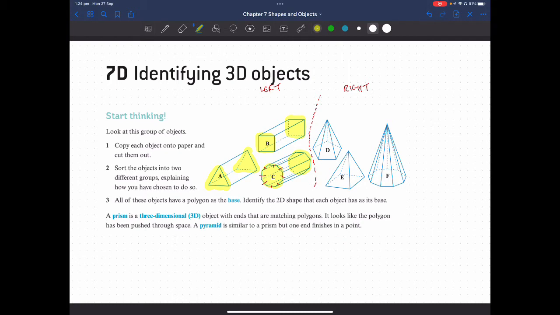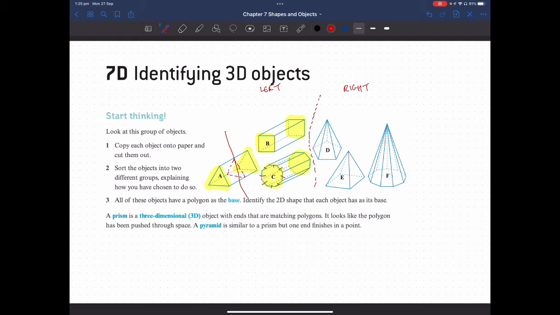In fact, if I'd have cut, say, the shape A through here, the two ends across that cut would also have been triangles.